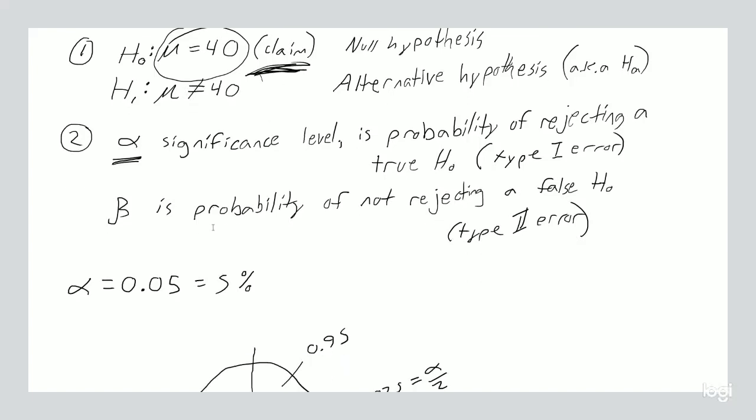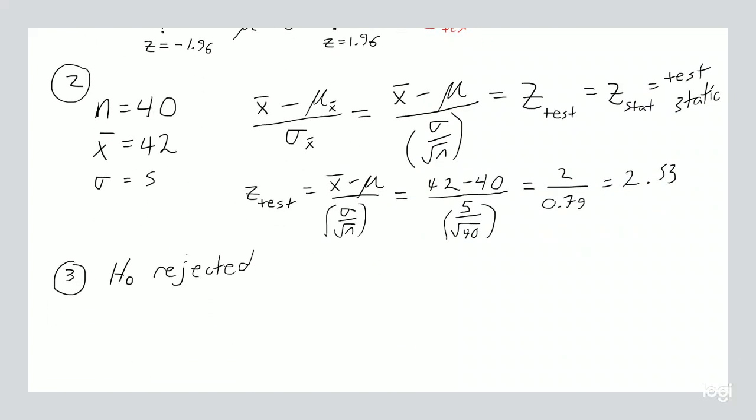Okay, which means the claim is not supported by the data. Okay, so that is the process of hypothesis testing. And what I'll show you next is a number of examples, each one a little bit different.